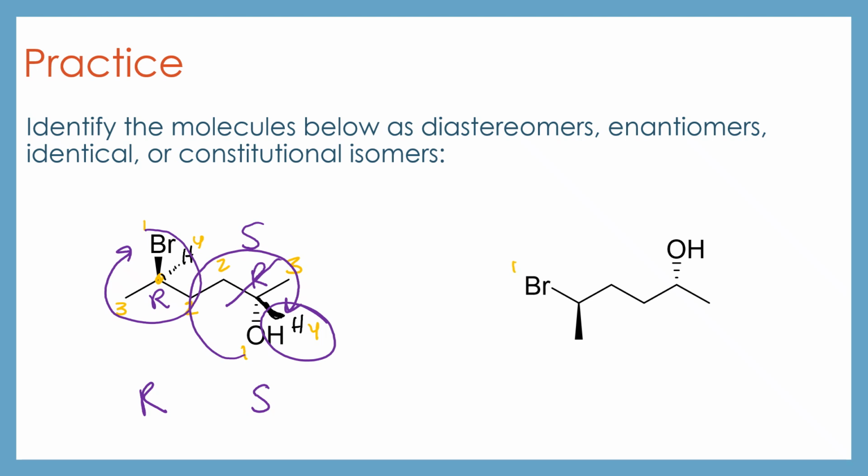We have bromine. The hydrogen is actually going away from us this time. That's going to be 4. And then 3 and 2. So this one goes 1 to 2 to 3. That's to the right. So this is an R. And then on our last one, the hydrogen is coming out at us again. So whatever determination we come up with, we're just going to flip-flop it.